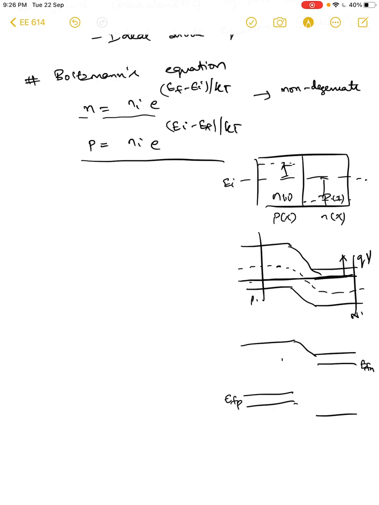Again, these two should join. The thing that we are trying to resolve now is what happens at the interface. Far away from the interface, of course, the Fermi levels depend upon the potential that is applied. The potential applied to the n side makes it change.